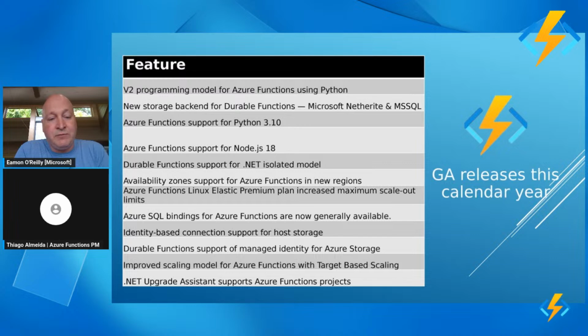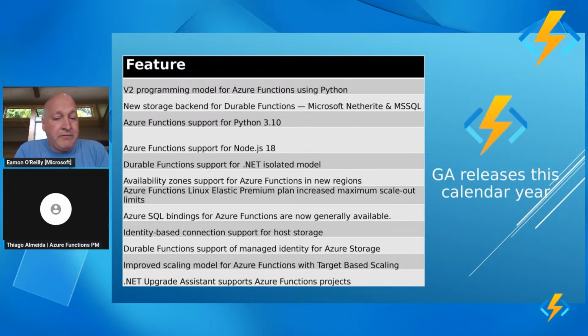And so one of the things we released into public preview last year, and now just recently went into general availability, is a new backend provider called Microsoft Netherite. This allows you, using Event Hubs and Azure Files, to have much faster throughput, and also meet the performance needs you might have if you're heavily dependent on durable functions.